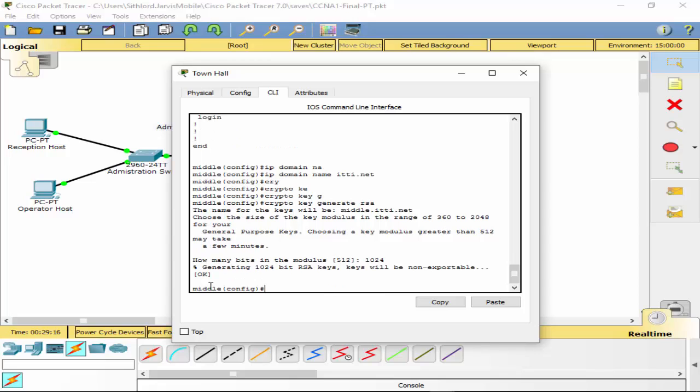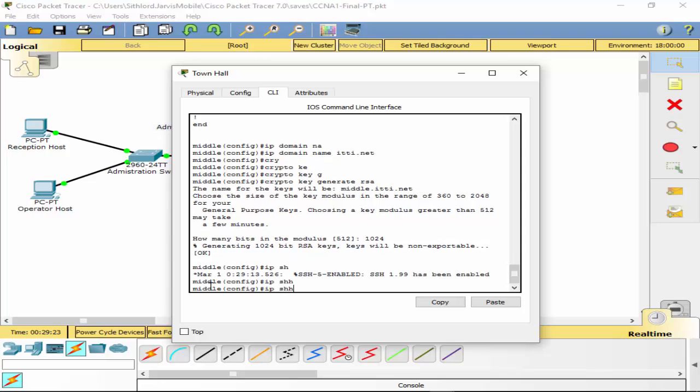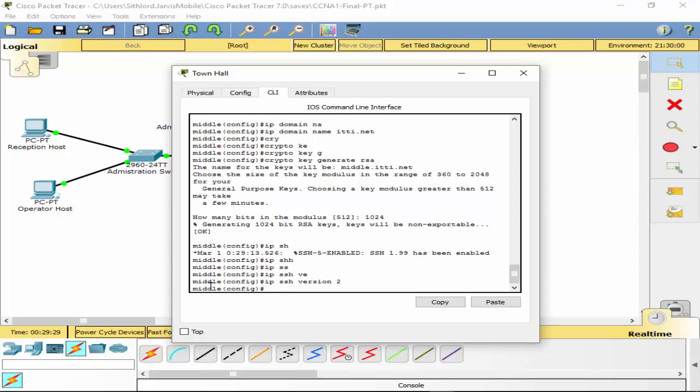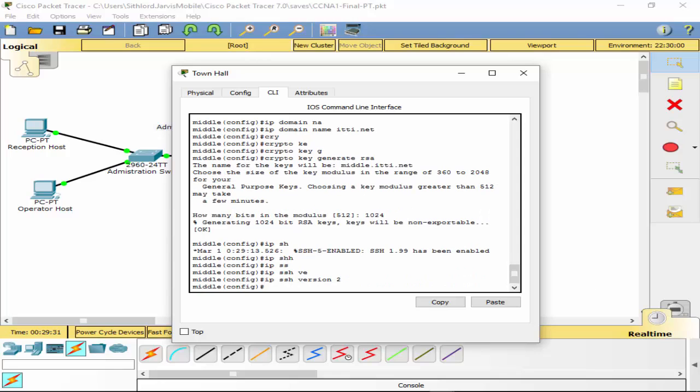So we generated it, and I'm also going to say, I don't think you have to do this, but I'm going to say IP SSH version 2. So there we go. We have version 2 running.